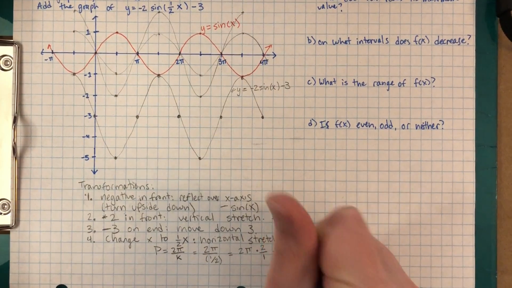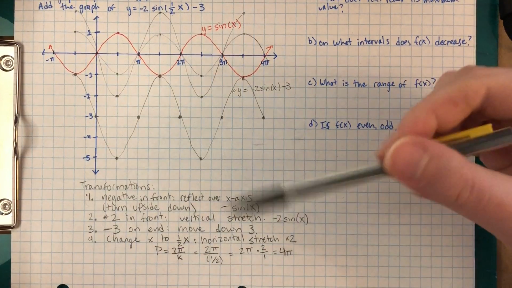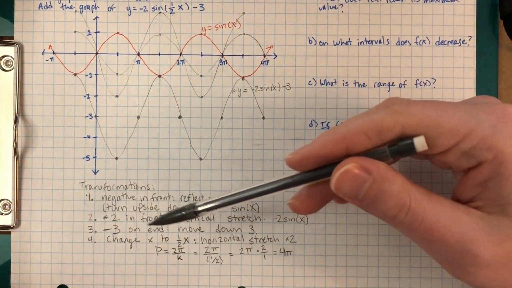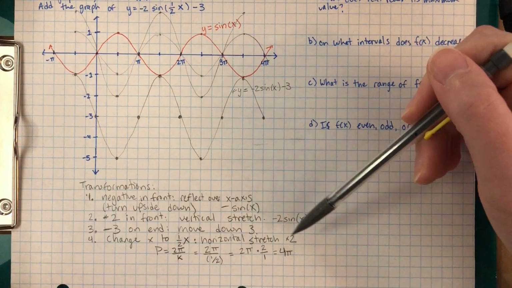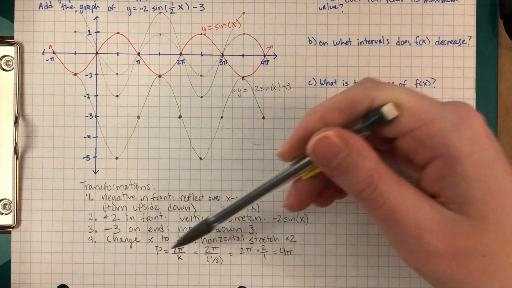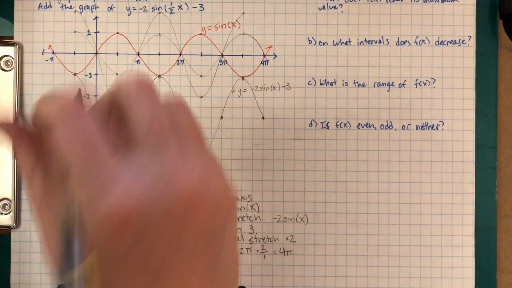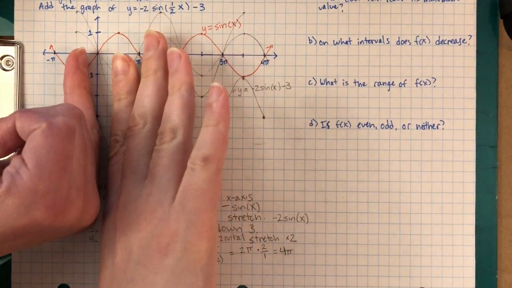So we went from a period of 2 pi to start off with to a period of 4 pi, which matches up with what we saw earlier in the year, that if you multiply x by a number less than 1, it results in a horizontal stretch. Or you could also think about this as x divided by 2. Either way, it's a horizontal stretch. So what this means is that each point on this graph is going to get twice as far away from the y-axis. It's going to kind of expand from here.